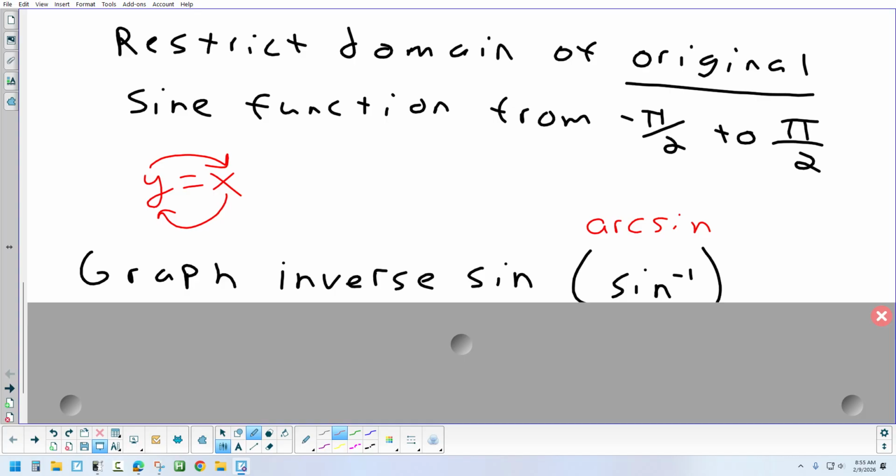But let's say you know the domain and the range of your original graph. How do you think you'd figure out the domain and range of your inverse? Ethan, what do you think? Would you just change the sign? Keep in mind this idea. This is a big part of it right here. That's very important.